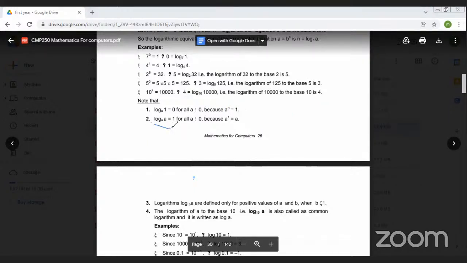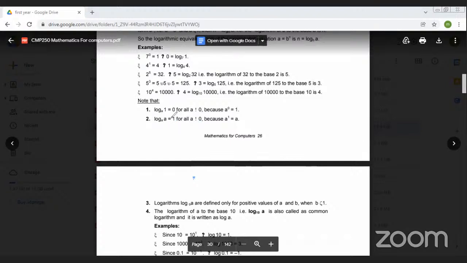Now over here it is saying it is 1 when a equals 0. If a equals 0, then a raised to 1 will be what? Will it be equal to 0 or not equal to 0? Try to think about it.